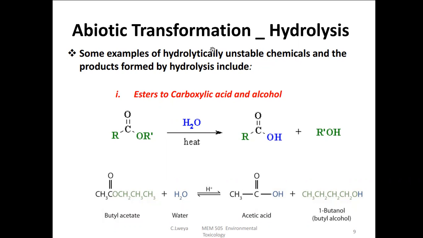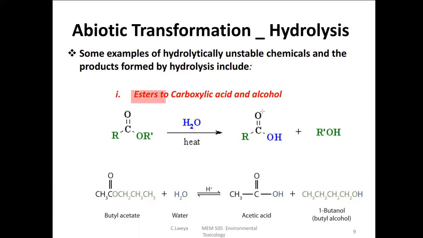So remember I said under each process, there is a specific example of a compound that we can look at. So under abiotic transformation, the process is hydrolysis, and the compound that undergoes the hydrolysis is an ester.